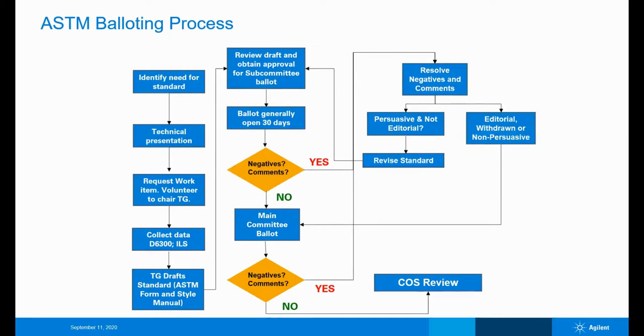The task group then moves on to collect data. First, as I mentioned, there's a pilot study based on ASTM D6300. Then there's an interlaboratory study, or ILS, that is used to collect data for the precision and bias study.